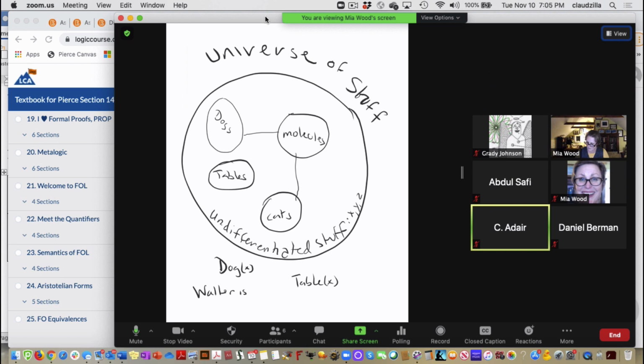Walter is a dog. I can translate that, and we have been translating a sentence like Walter is a dog as follows. Let me do this because I think the visual will be better. Walter is a dog.